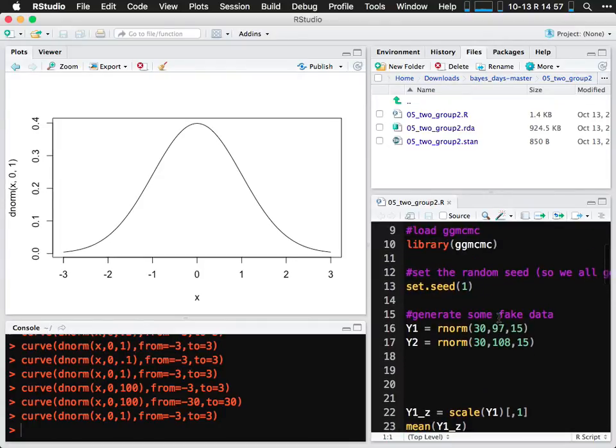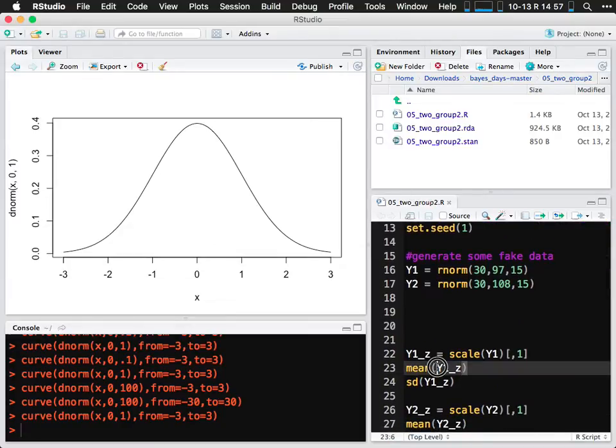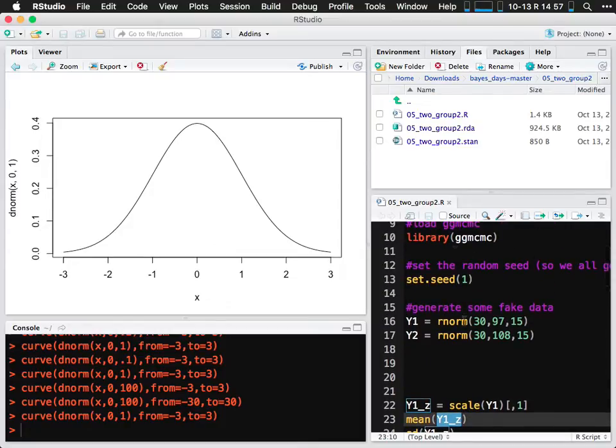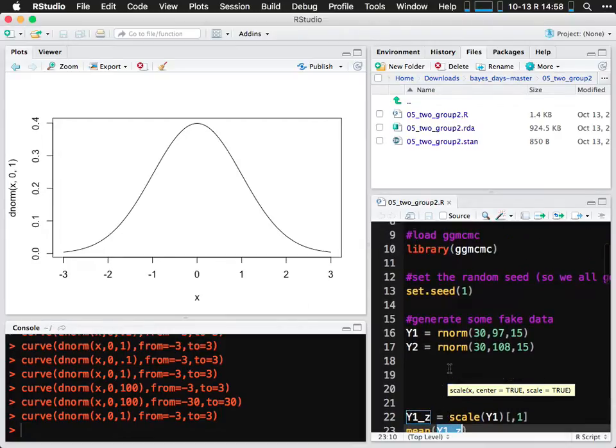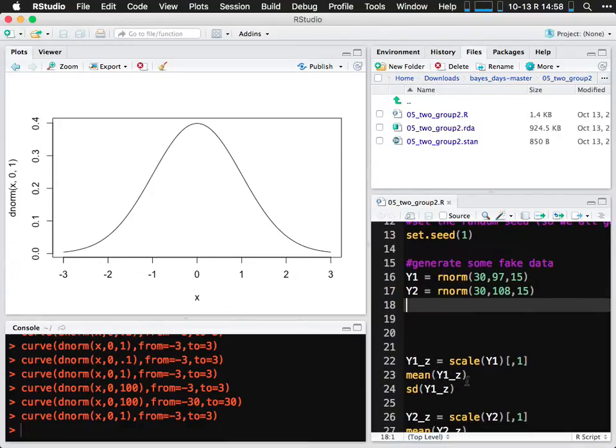Does it have to expect y1z now? Yes, it does. This is slightly different code that is actually wrong.